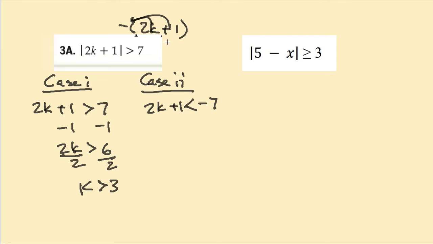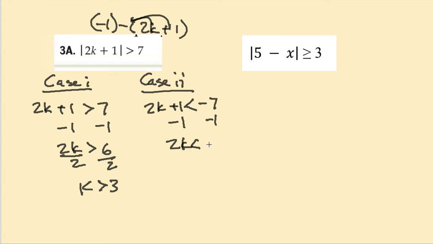Honestly, if we multiply this by negative 1 first, it would get us to this. So this is another way of starting this problem, but it saves us a little bit of work once we conceptually understand why we do this. Okay, so we'll leave it like that, and away we go.